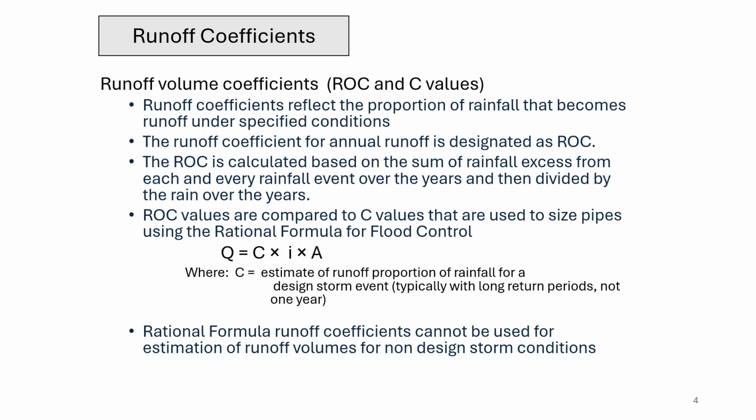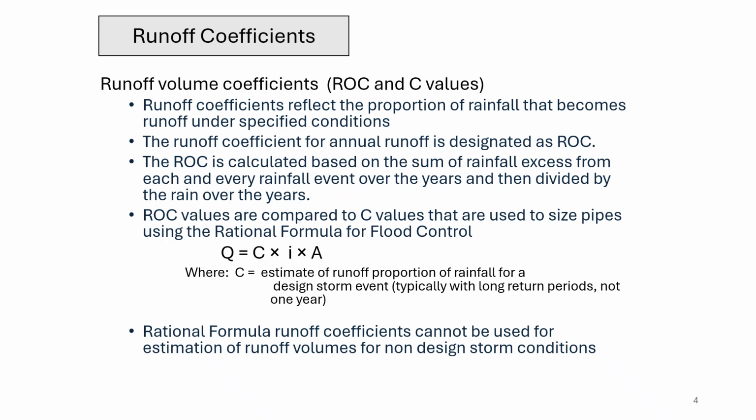It's important to distinguish the ROC from the C values used in the rational formula for flood control, which you see here. Q equals C times I times A in this formula. C is an estimate of the runoff proportion of rainfall, but it's specifically for a design storm event, which typically has a long return period, not a single year.